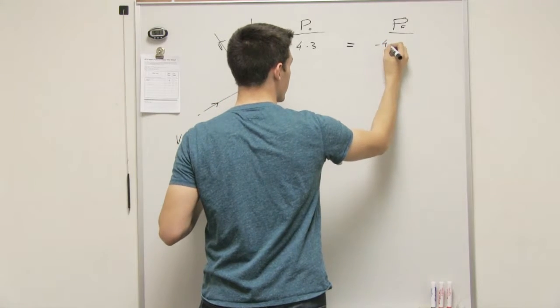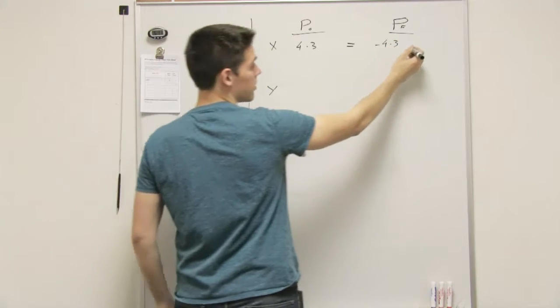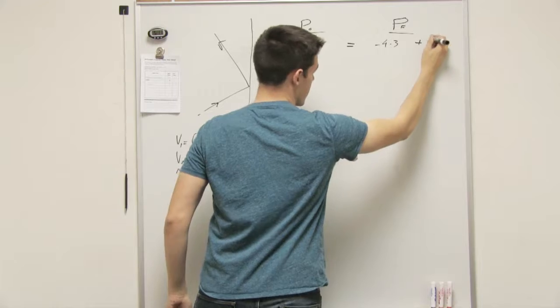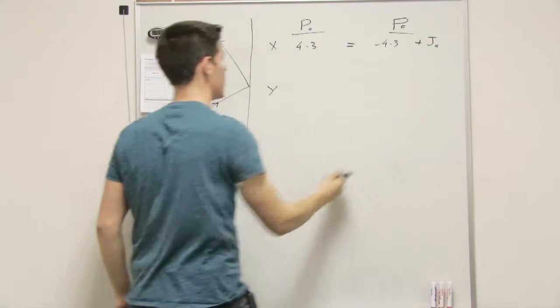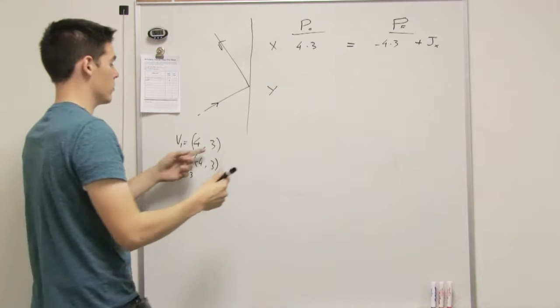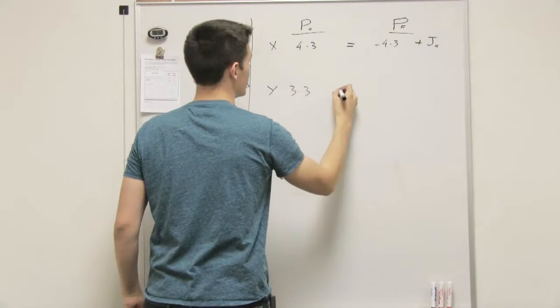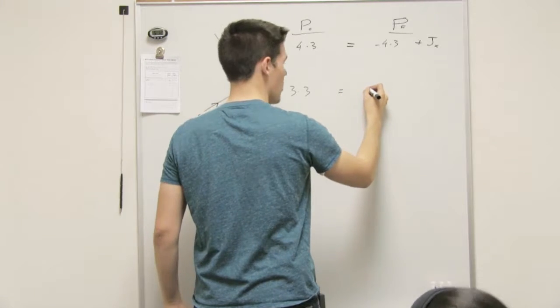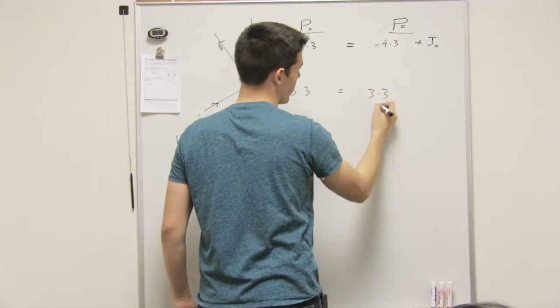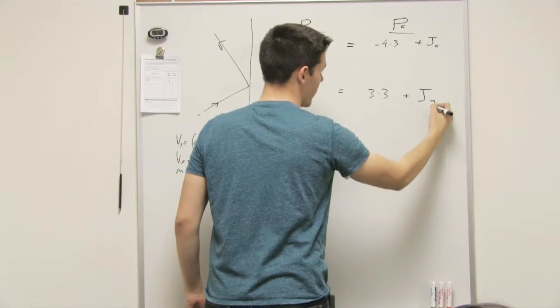Negative 4 times 3. Yeah, that's a 3. And then it's plus j in the x. The same as the other one, right? Yeah, so it's going to be 3 times 3 is equal to 3 times 3 plus j in the y.